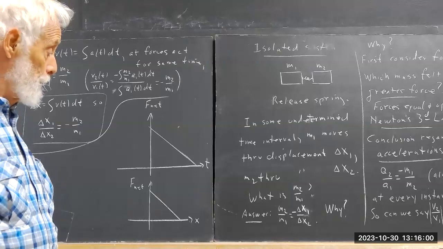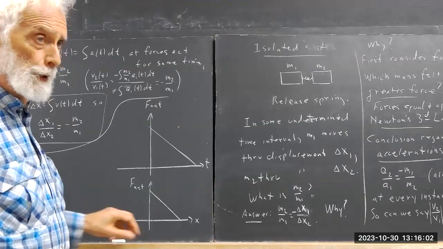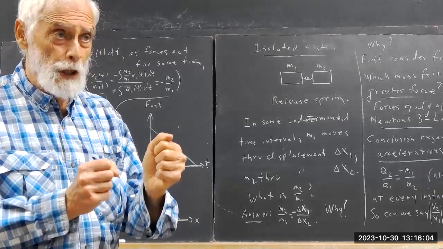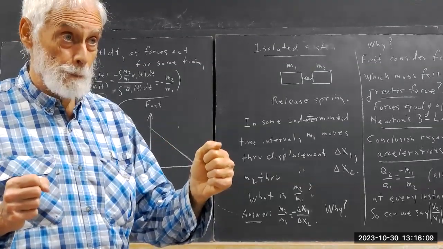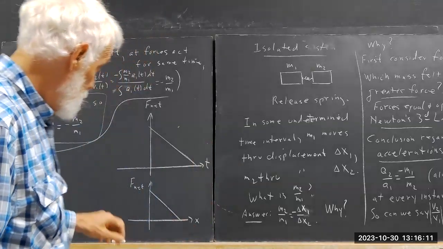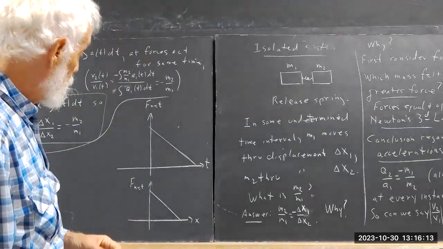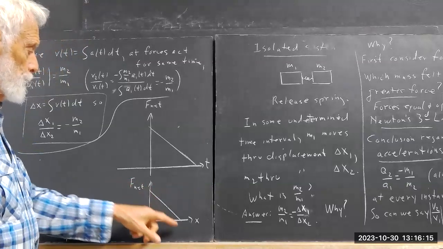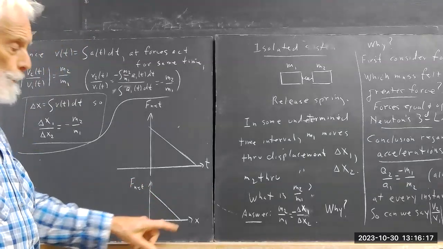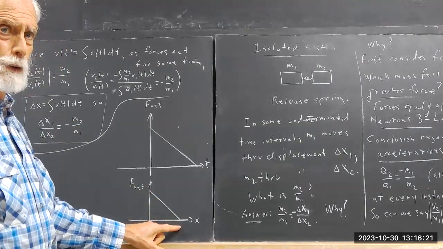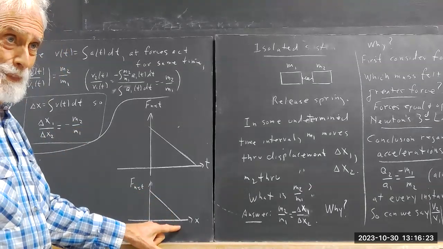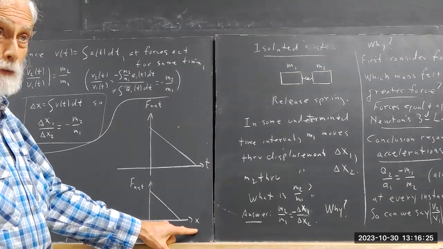But you know, for two springs, the force is going to be changing constantly as the springs fly apart. Less and less force. So we know that for two springs, the force looks like this. That means the acceleration looks like this, meaning the acceleration isn't constant, meaning x doesn't change linearly with t.